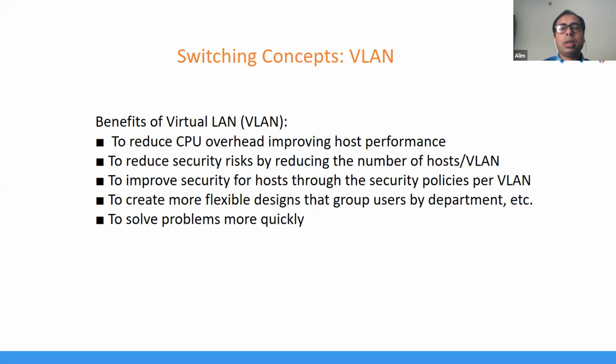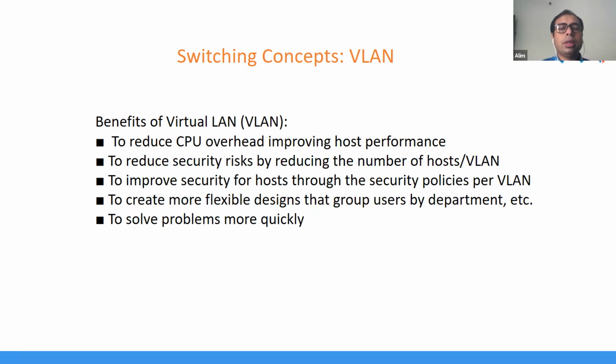Then security is an important issue here, because if one VLAN is compromised or hacked by some malicious actor, then your whole VLAN and computers will be accessible to the hacker. If you divide into separate VLANs, then in case one VLAN is compromised, other VLANs are secure.